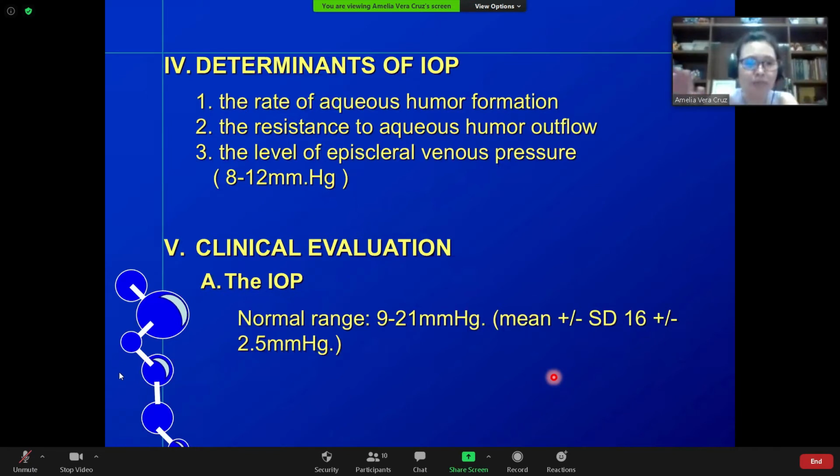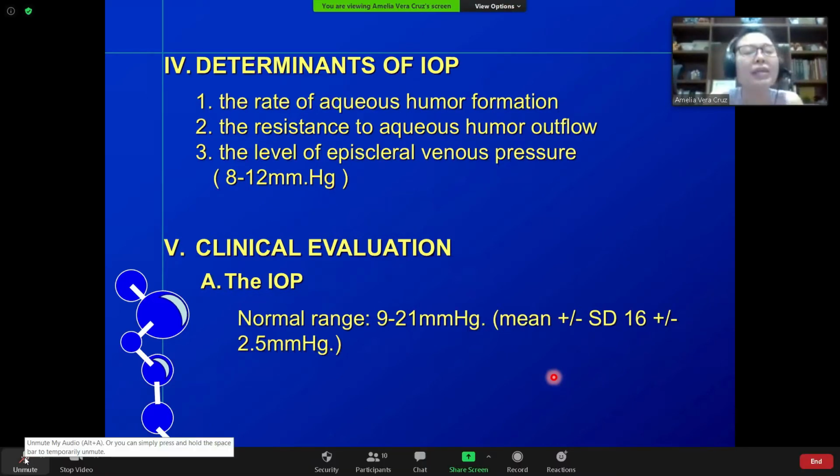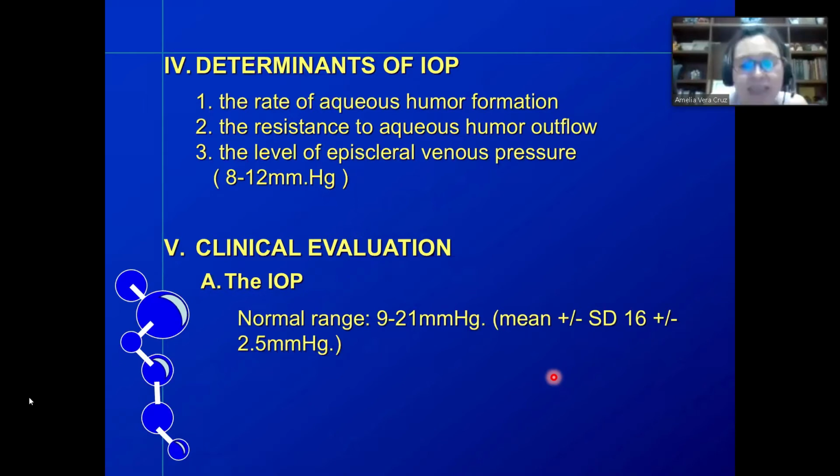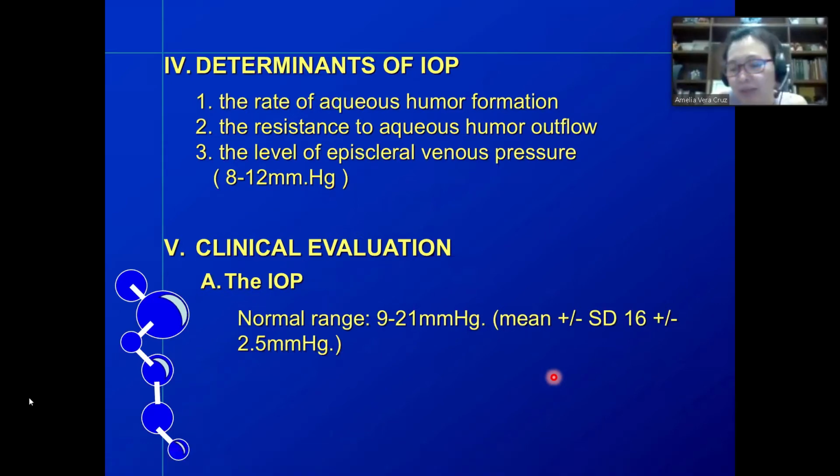Most of the population has that normal range of IOP. But it doesn't mean that you cannot have glaucoma if your pressure is within that range. Because depending on the eye, we don't know what is normal for a certain eye. Iba-iba ang normal para sa mata. But mostly, most ng tao, yan ang normal IOP. Okay?